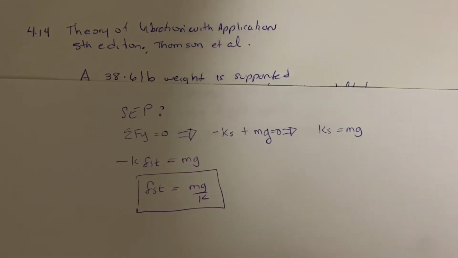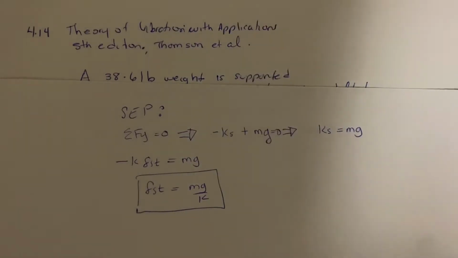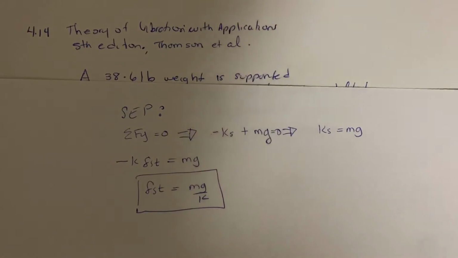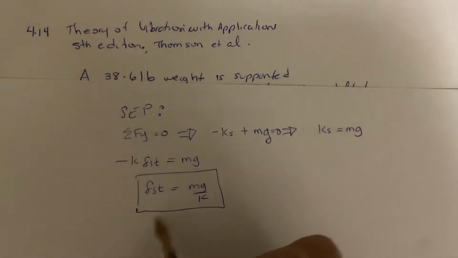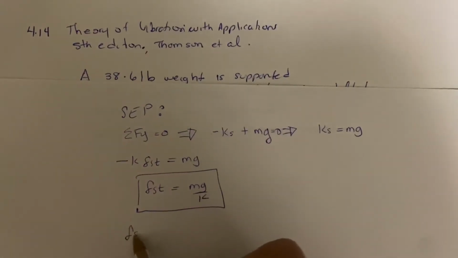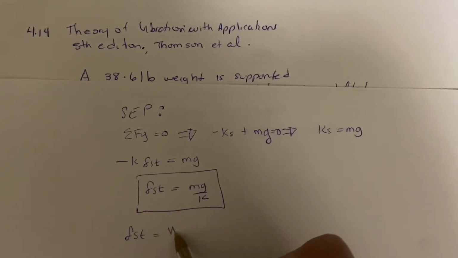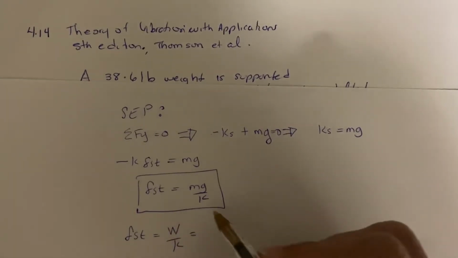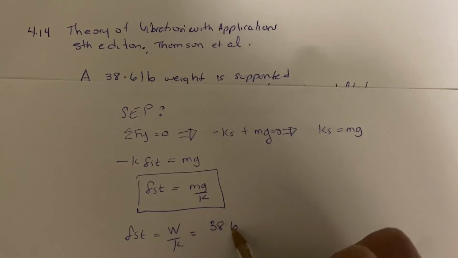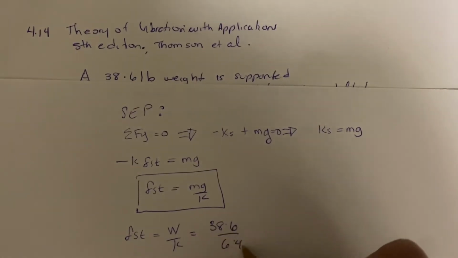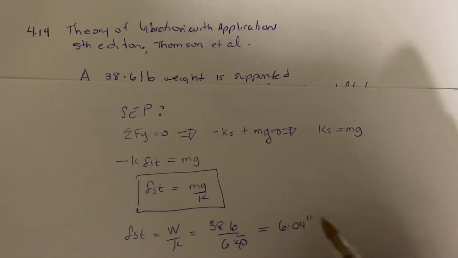Now, we know that the maximum displacement is going to be 2 times that deflection. So let's calculate the static deflection. We're given the weight. So the static deflection is equal to the weight over k, which is going to be equal to 38.6 over 6.40, and that is going to be equal to 6.04 inches.